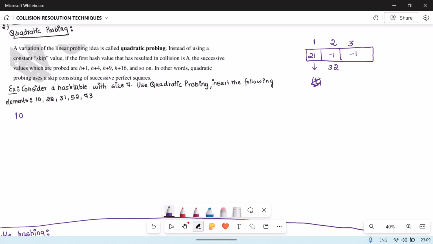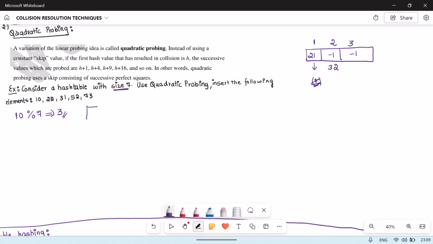The size is 7, so find 10 mod 7. 10 mod 7 is 3.